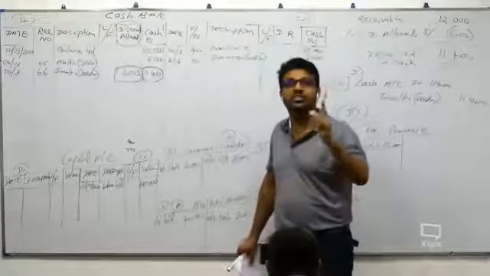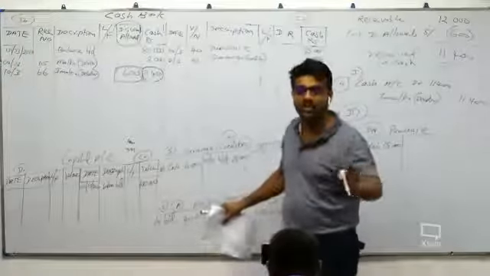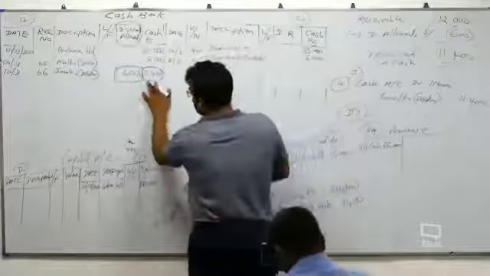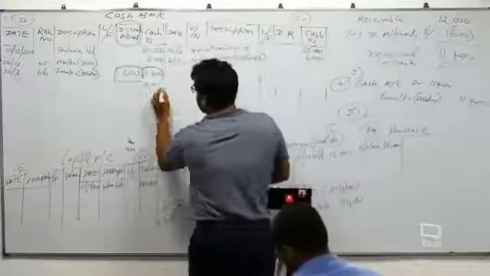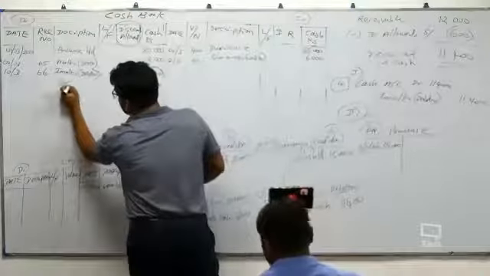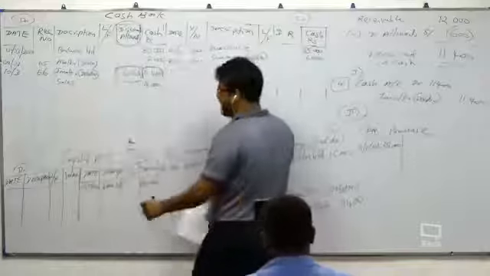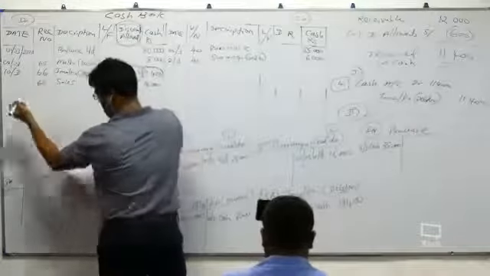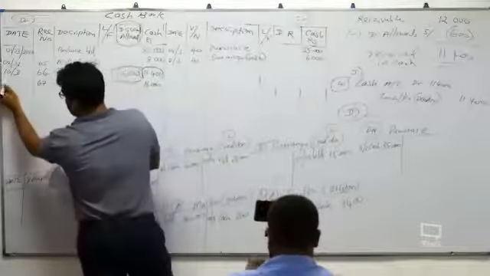So whenever you receive checks from anyone, initially you write in the cash account. So write down in the cash account 16,000. Checks received from the sale mean write down sales. It's an income.